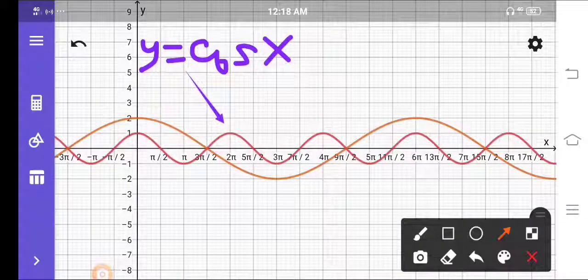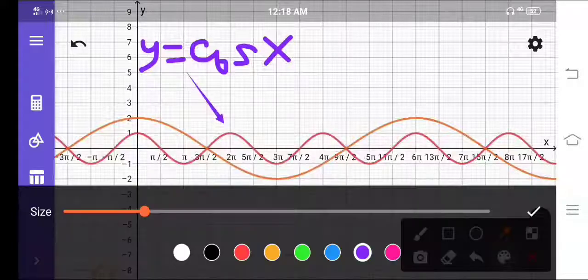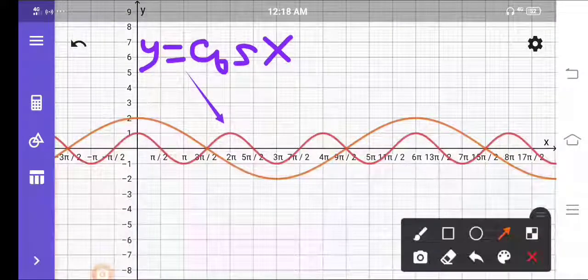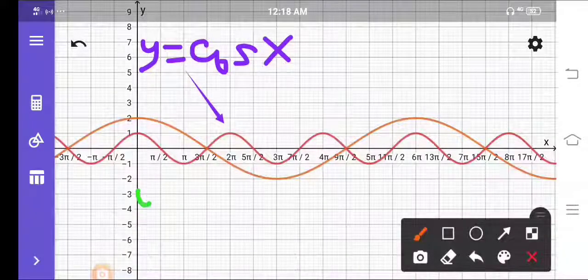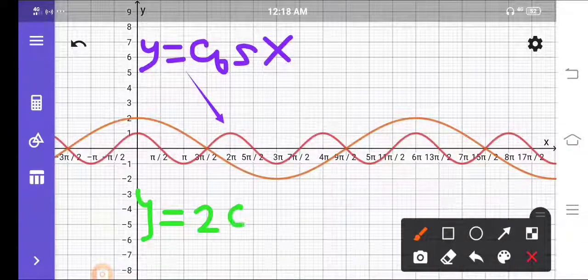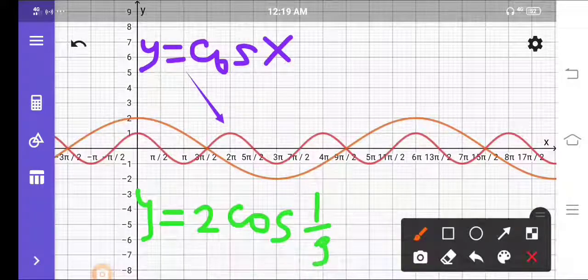While the new graph is y is equal to 2 cosine 1 over 3x.